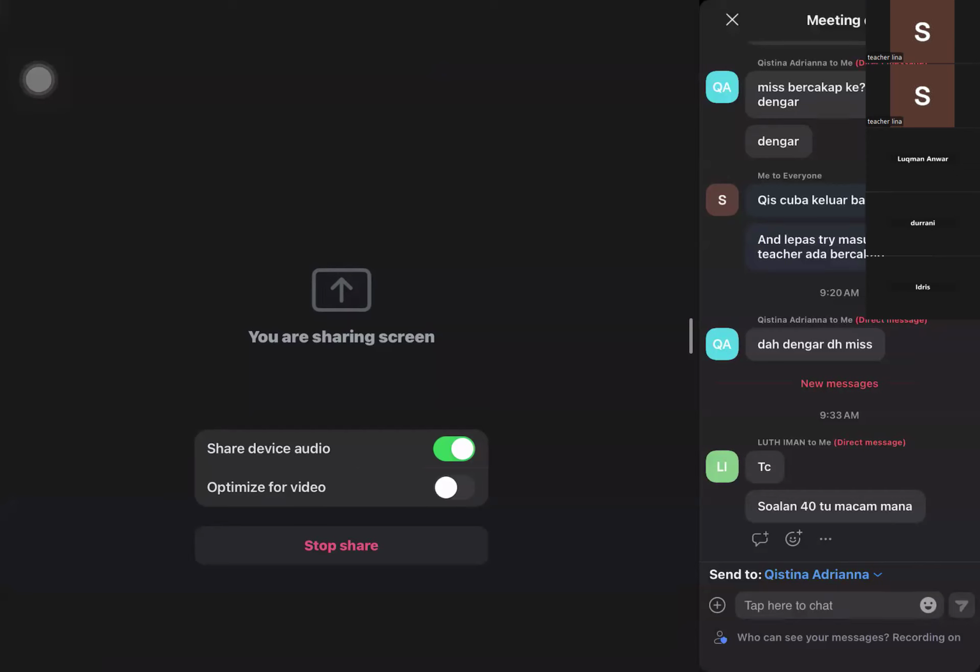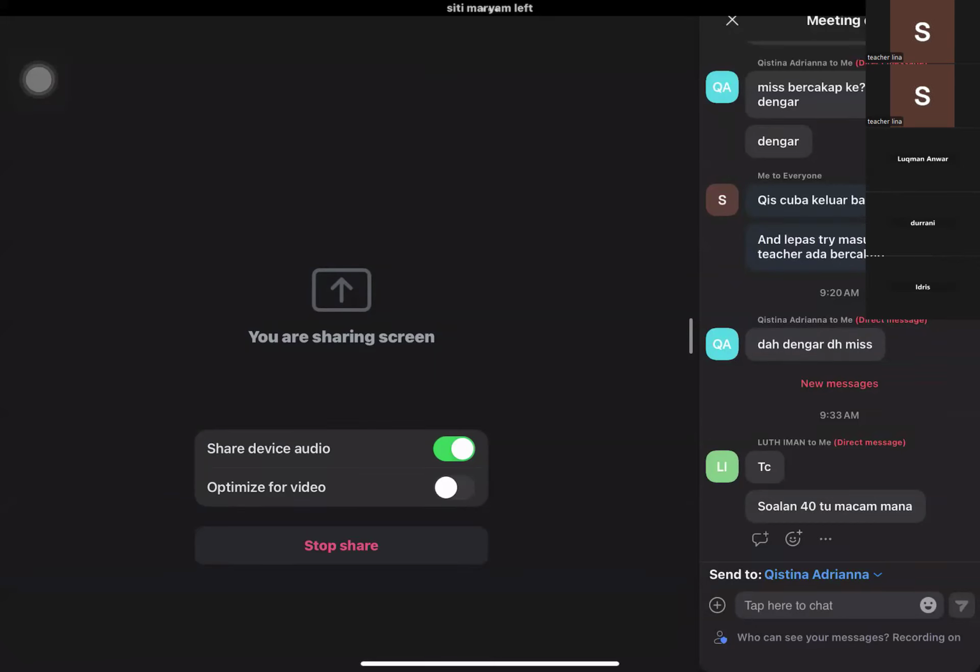Iman dah? Dekat teacher Lina yang tak ada host tu. Dia ada dua teacher Lina, yang host dengan is not host. Iman dah? Mana dia? Oh, dia dekat sini. Yes, dia pandai pun. Okay, sekejap. Nanti saya jawab soalan you.